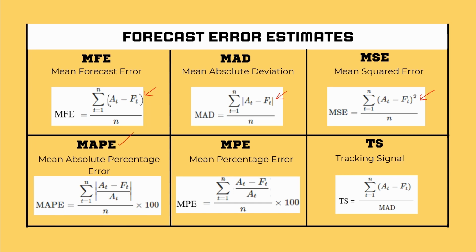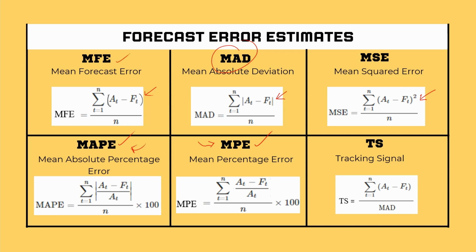Now the MAPE and MPE terms are relative measures of accuracy. The MAD will give you an absolute measure of error, but if you calculate the MAPE values, that is the relative measure compared to the MAD. Similarly, MPE is a relative measure of MFE.